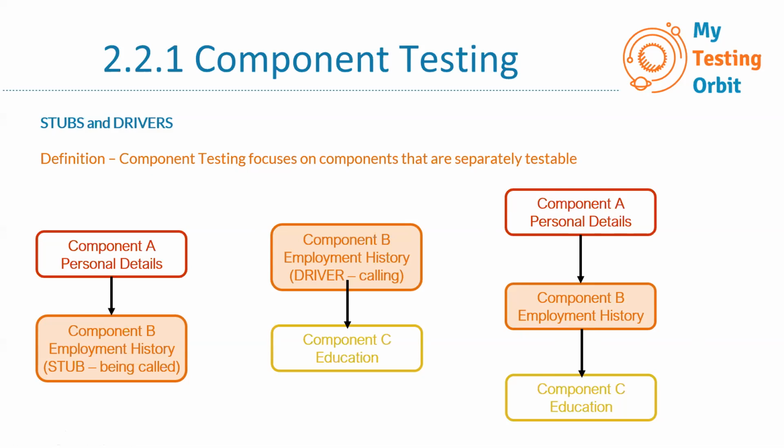In this case, one option is that we wait for component B to be developed and then we test component A. Or we can develop a mock object named component B, or employment history. Without building the entire component, we can just have a mock object that can be called.